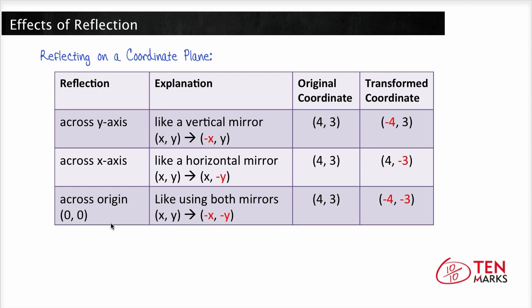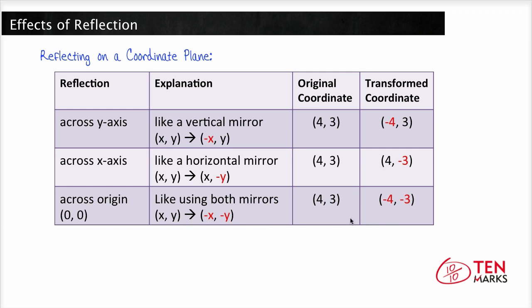Finally, when reflecting a point across the origin, it's like using both mirrors. In other words, it's like reflecting by one axis first and then by the other. So both x and y coordinates now become the opposites of what they were. So 4, 3 in this situation becomes negative 4 and negative 3.